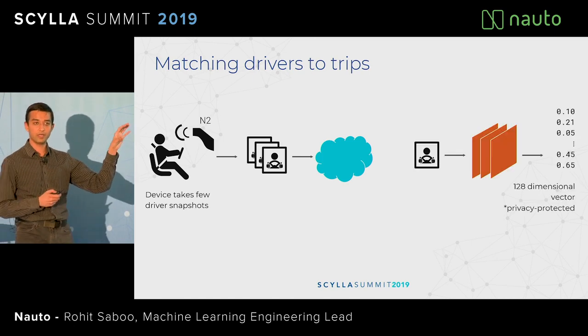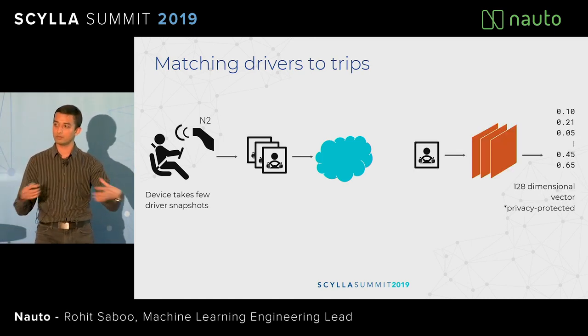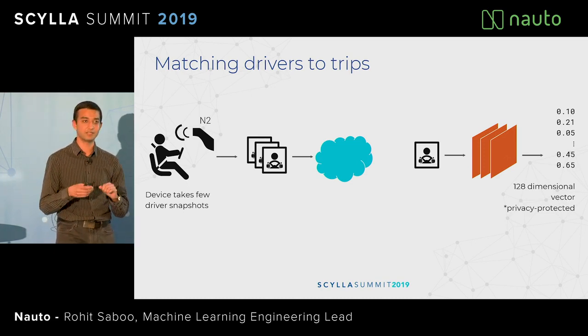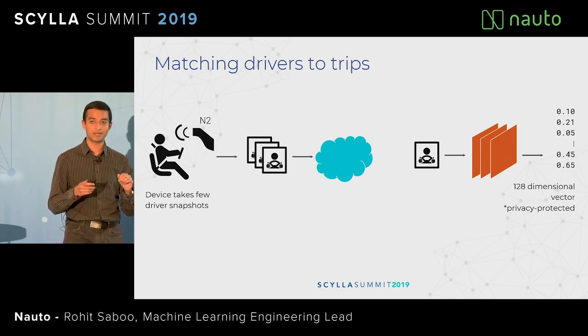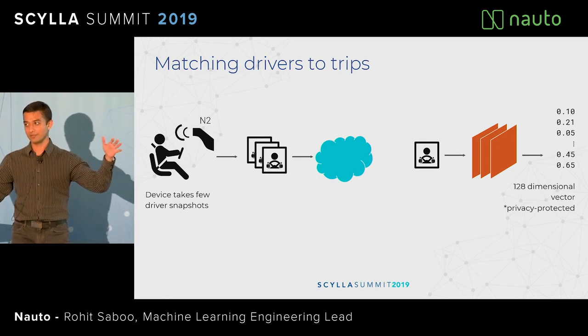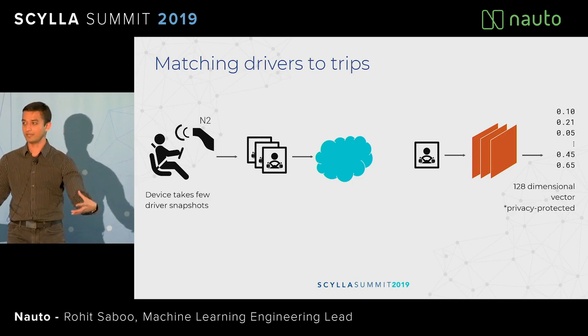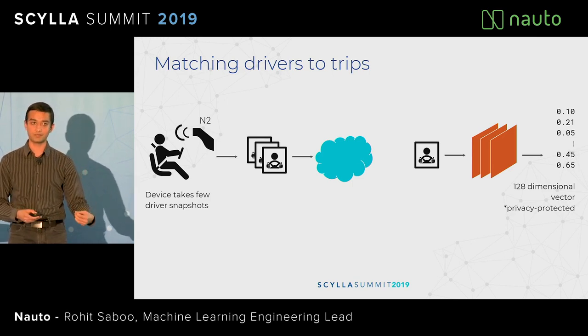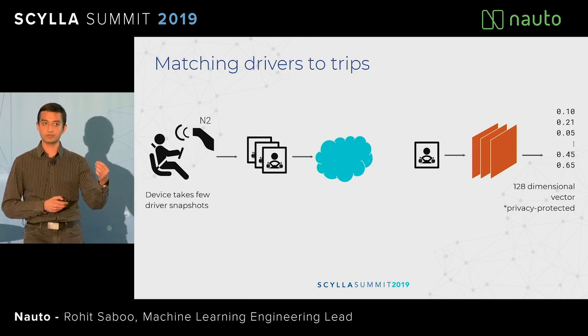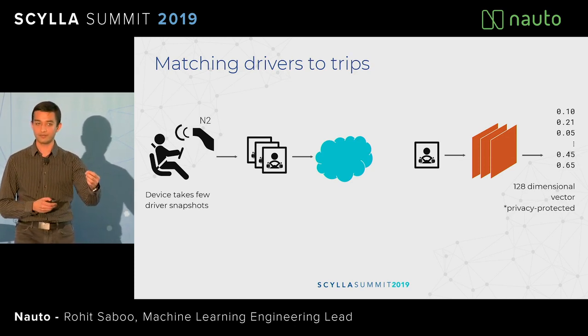In the cloud, we take these snapshots, we compute a representation of that by passing it through a few neural networks. And I can talk more about the neural networks later. But basically, we have a 128-dimensional vector that is a representation of each one of these snapshots. And this is then used to find who the driver is.